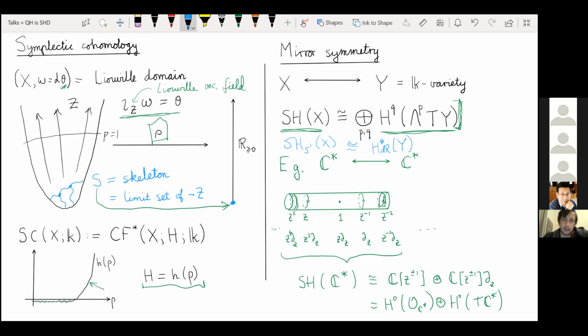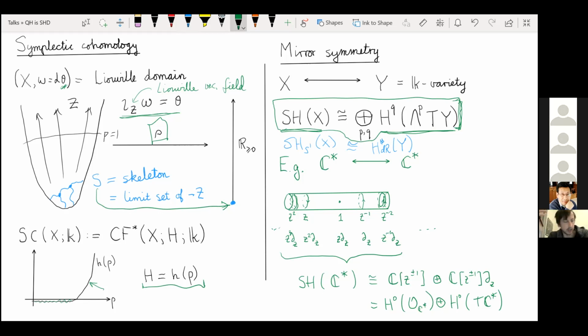Yeah, and maybe it's a good time for me to say that I've written down this particular prediction of mirror symmetry rather than, for example, this refined S1 equivariant version, or other predictions of mirror symmetry such as homological mirror symmetry, because that's what we proved our theorem about.